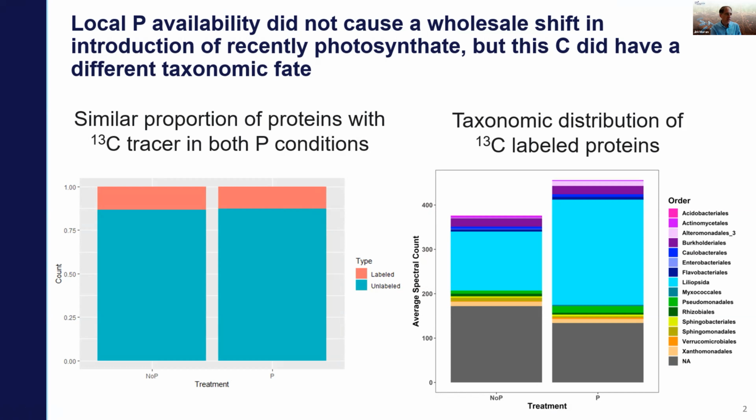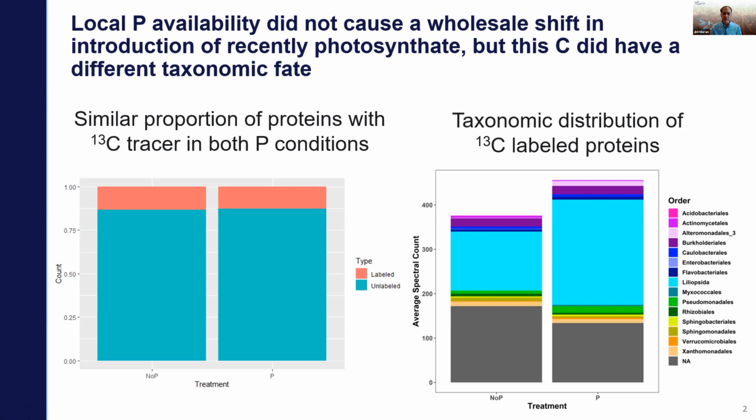But what is different is that we're seeing these proteins being associated with slightly different taxonomic groups, right? Obviously we're seeing a strong switchgrass presence, but also a strong switchgrass presence for 13C labeled proteins on the no phosphorus side, but some differences as well in some of the bacterial taxonomy associated with these 13C tracers.